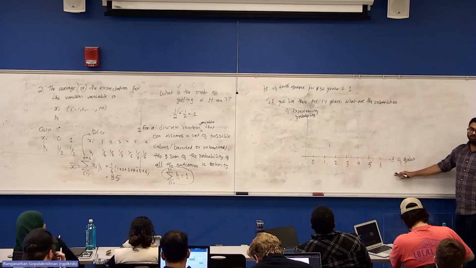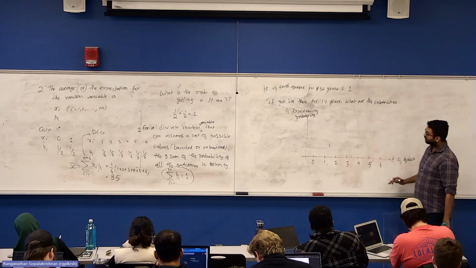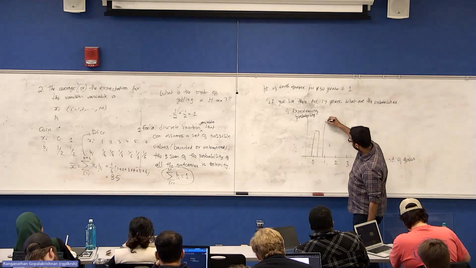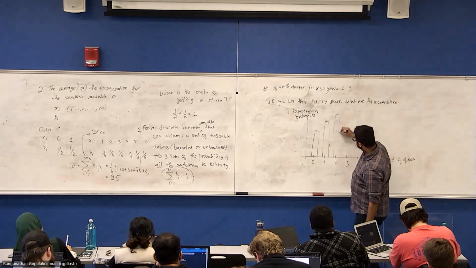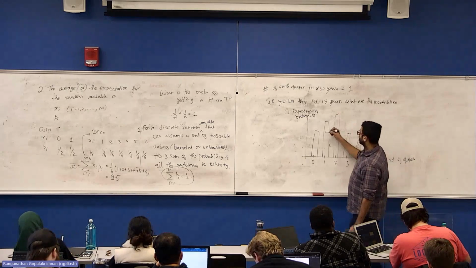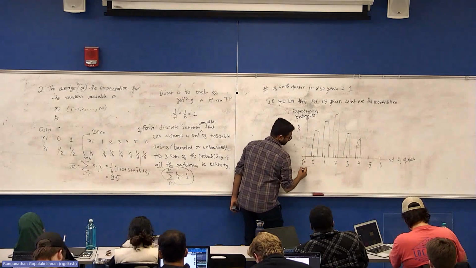It can theoretically assume any number, but that doesn't make it likely. What is likely is the height of the probability that we can calculate or estimate. So I'll call this p_i and I'll call this i.